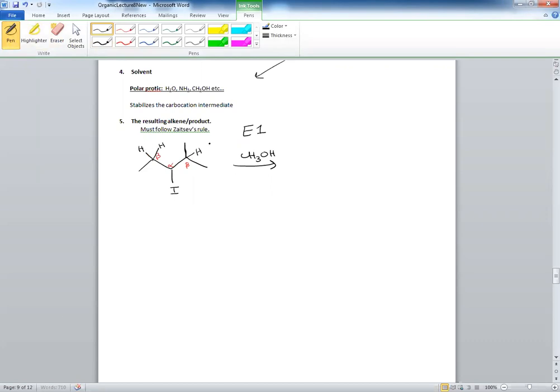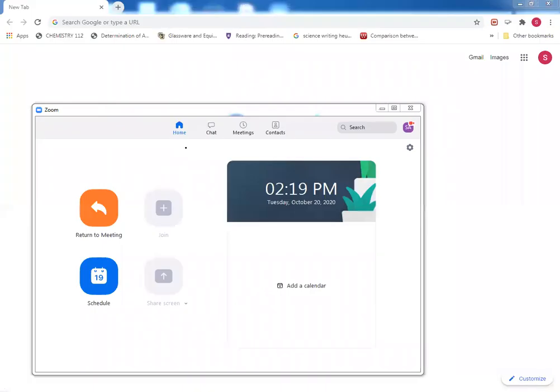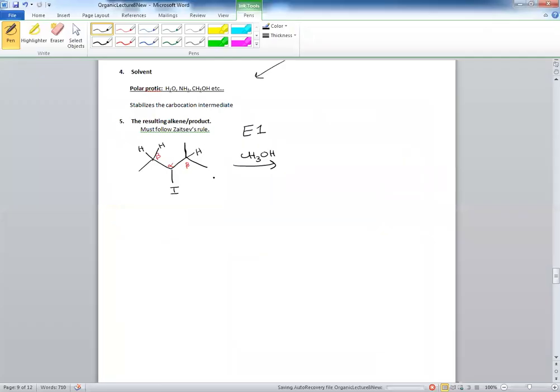So Zaitsev's rule says, when you remove the proton, you remove it from the most substituted beta carbon. And of course, it would be the one on the right. So your product then would be right there. That would be your product.